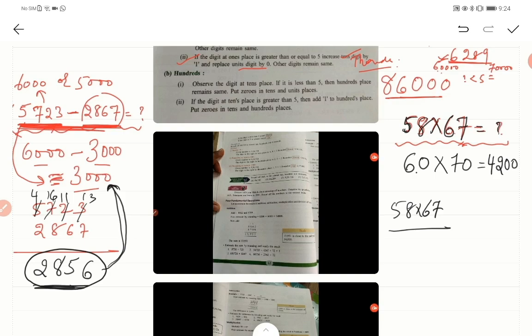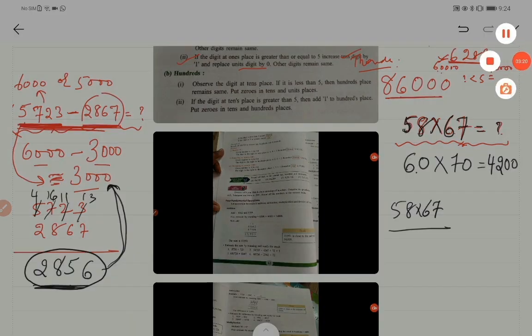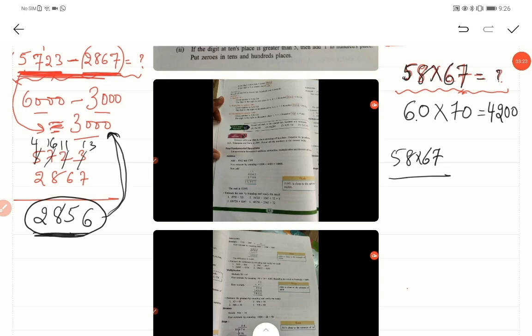If you go for the actual calculation of 58 multiplied by 67: 7 sevens 14, 7 sevens 49, 7 eights 56, 7 fives 35 plus 5 is how much? 40. Okay, so 8 fives 40, 48, 8 sixes 48, and 5 fives 25, 6 fives 30, right? 34.